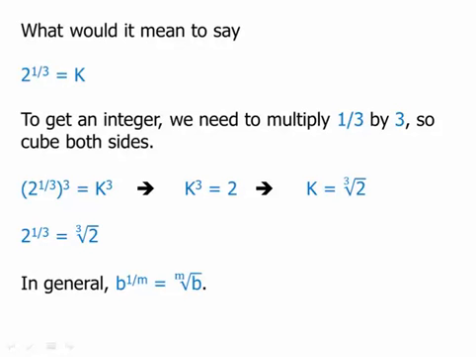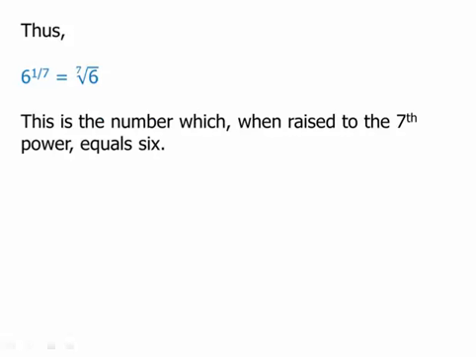So this is the explicit link between fractional exponents and roots. For example, 6 to the power of 1/7 means the 7th root of 6. What exactly does that mean? This is the number which, when raised to the 7th power, equals 6.